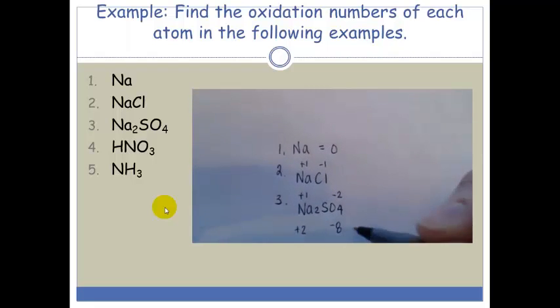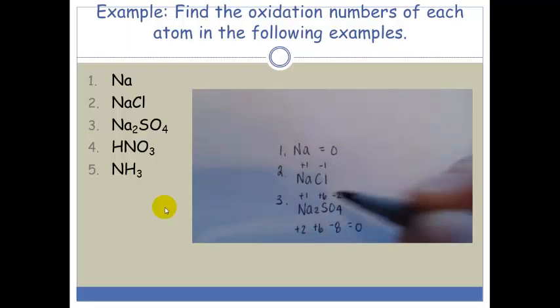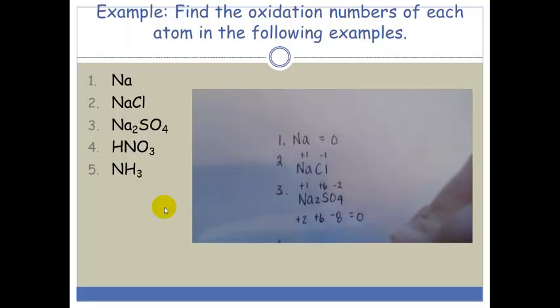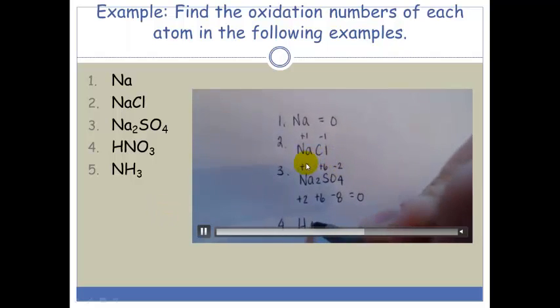They have to add up to 0, which means sulfur must equal +6.